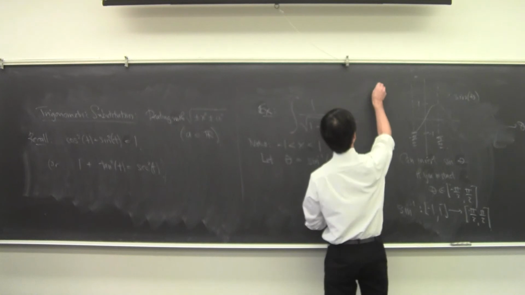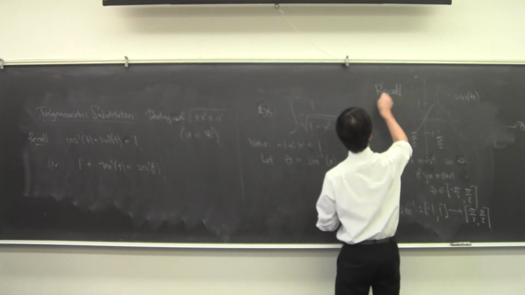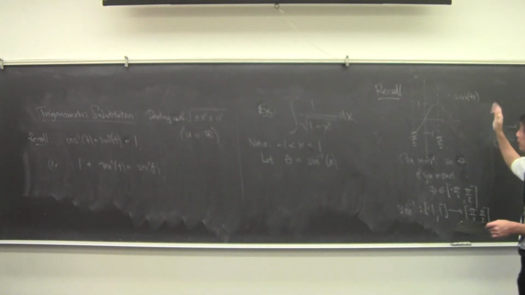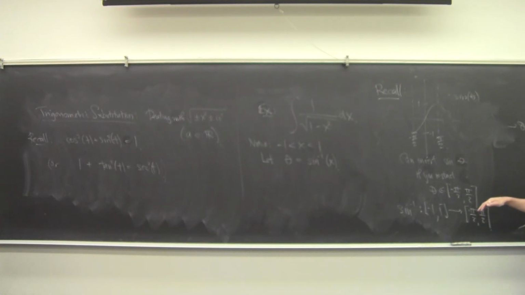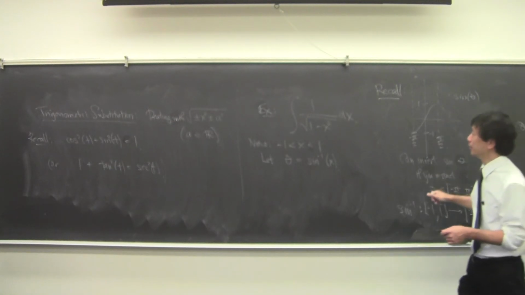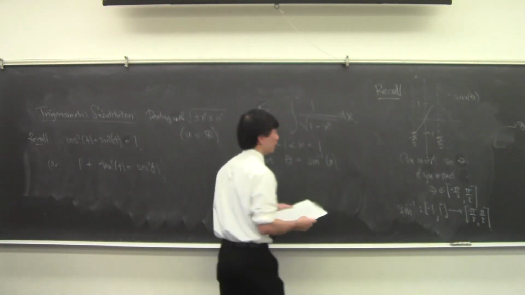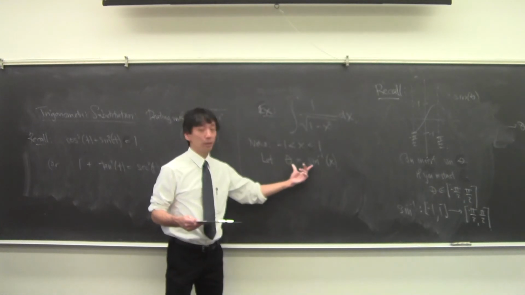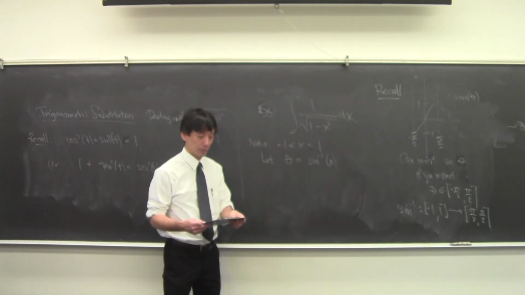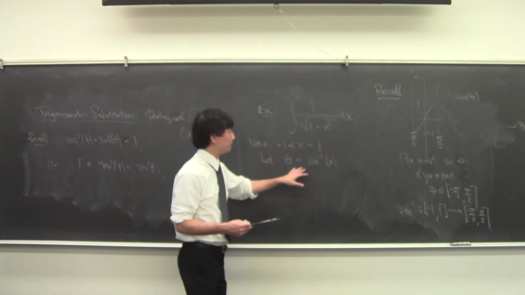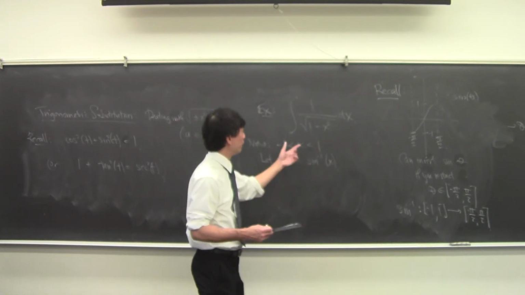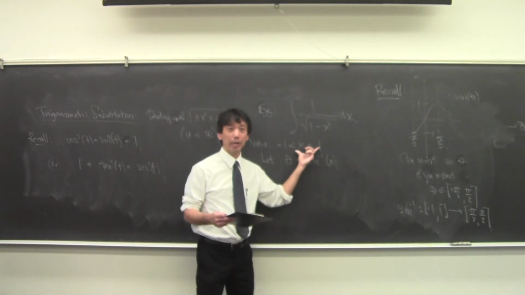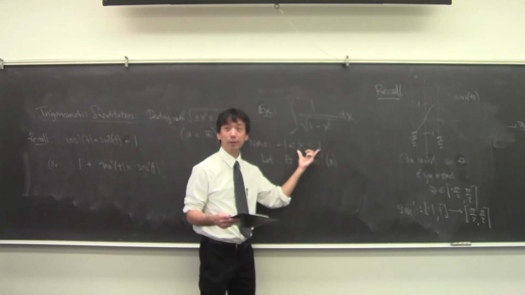So this is a big recall. Recall how we made up the inverse sine function. So here our x lies between -1 and 1.